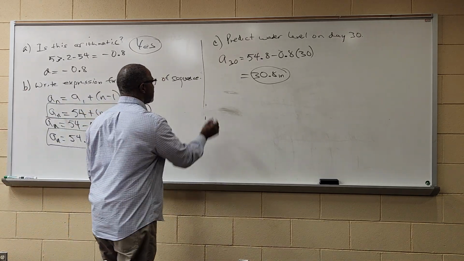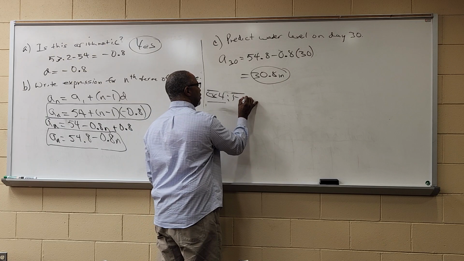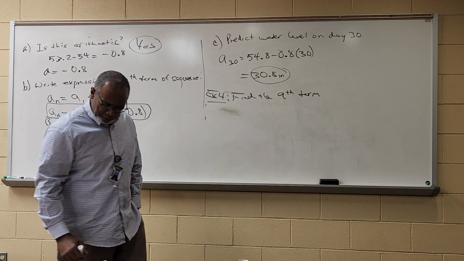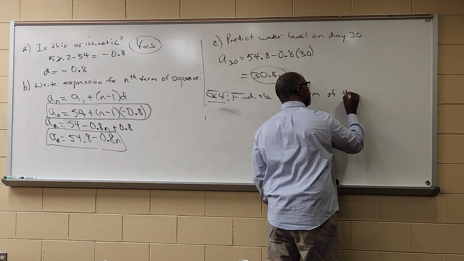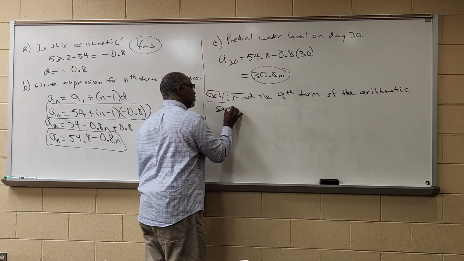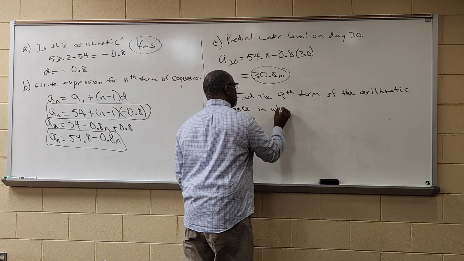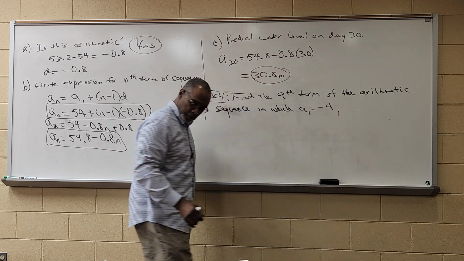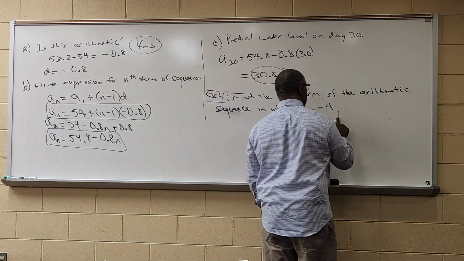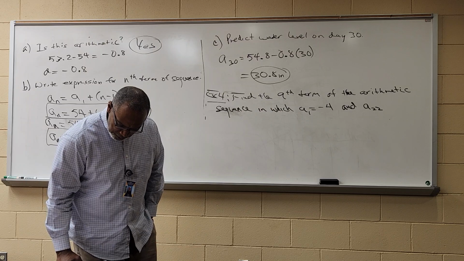Example 4. Example 4 says, find the ninth term of the arithmetic sequence in which A1 equals -4 and A22 equals 164.